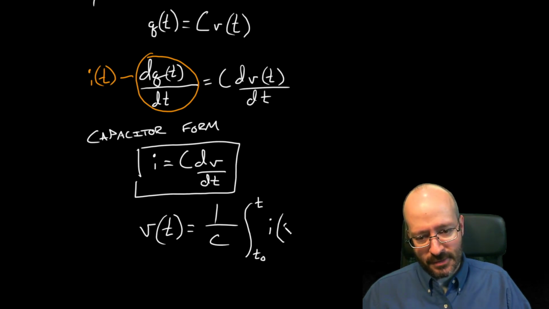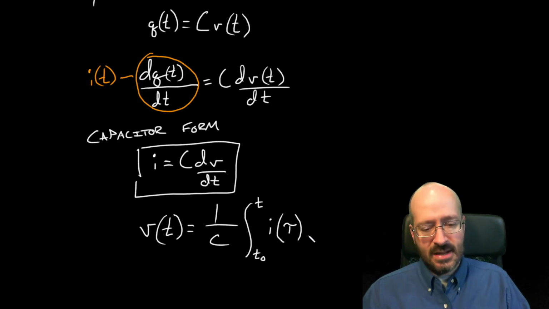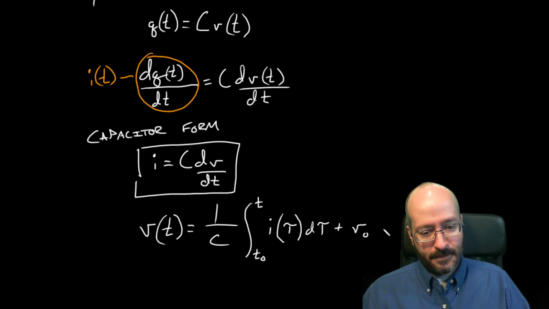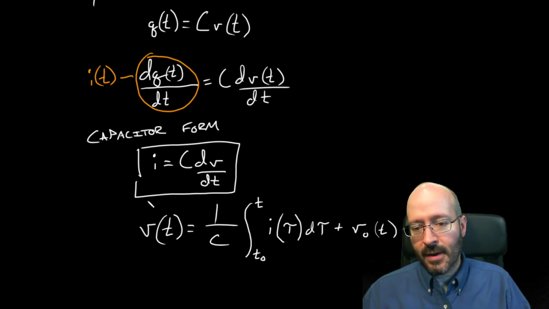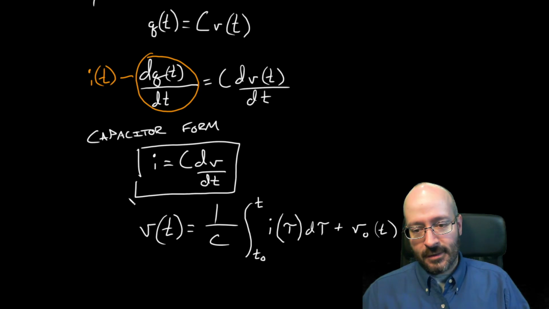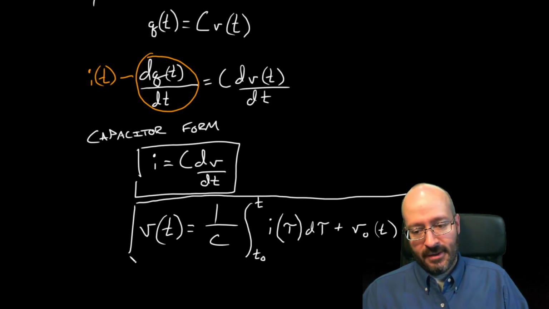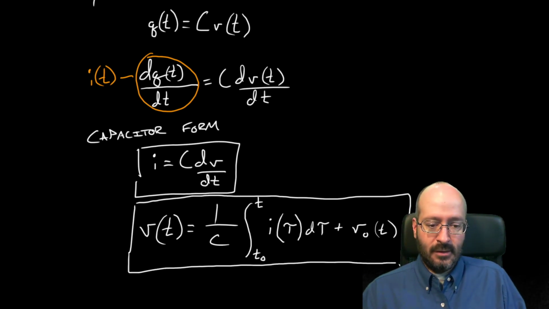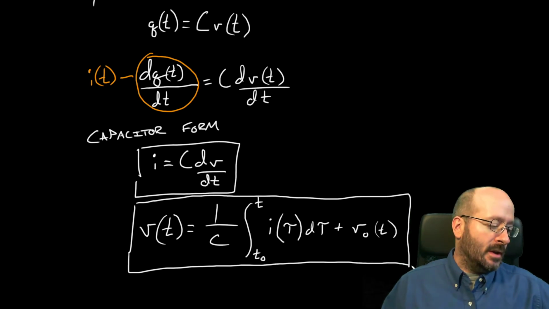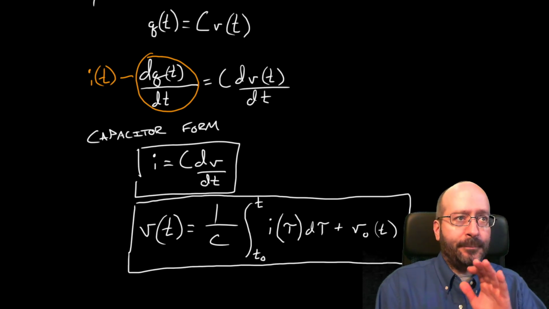We've got to be careful with our variables of integration, so I'm going to say i is a function of tau, and we're going to integrate with respect to tau, and then don't forget your initial condition. So it's a little messier in this form. I try to write my equations using this first form, but this is equally valid. We do have an initial condition in this one. We've got to take an integral, which makes you flash back to Calc 2, but it's just as useful.